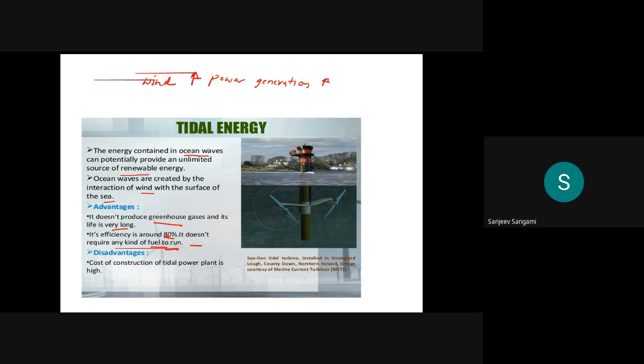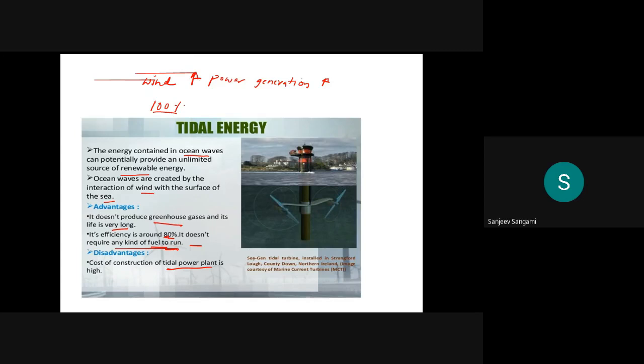Here even that 2 kilowatts of power will not be used, and you can save 100%. The disadvantage is that the cost of construction of a tidal power plant itself is high. The initial investment is very high.